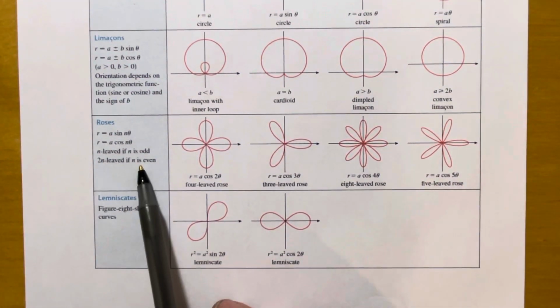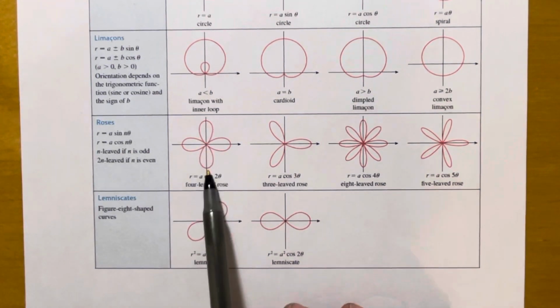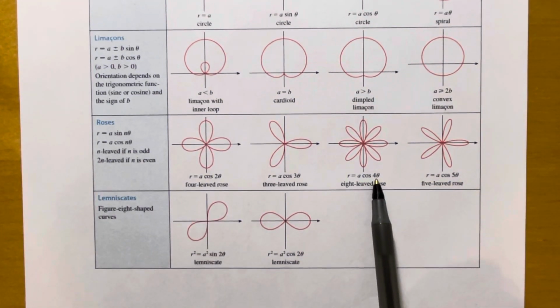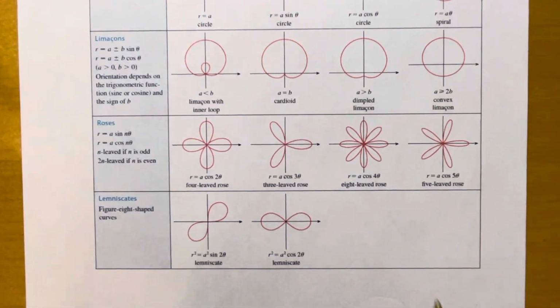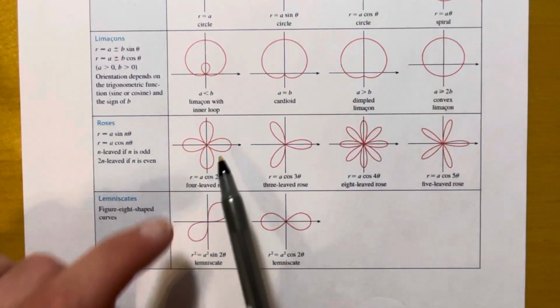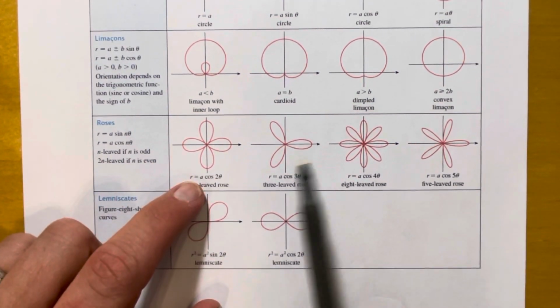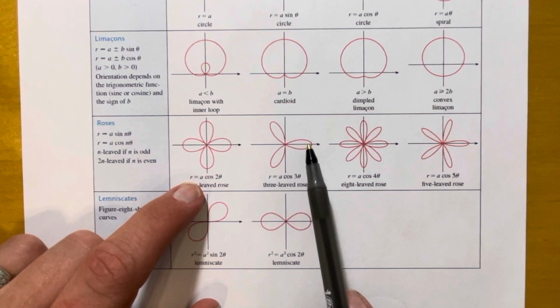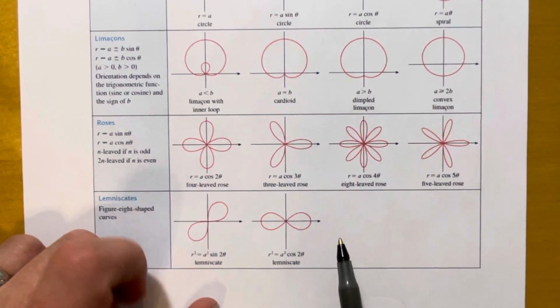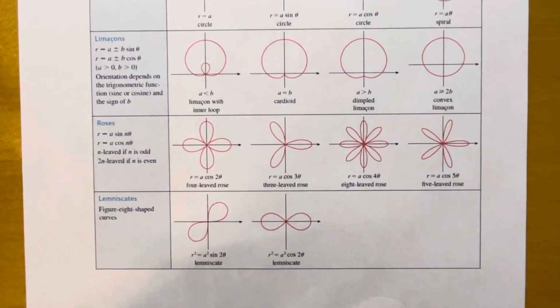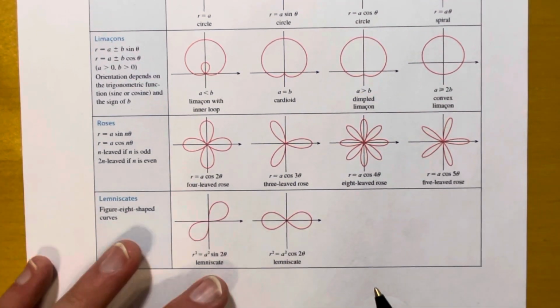If n is an even number, we get double that number of leaves. So for a cosine of 4 theta, it's 8 leaves, not 4. Okay? And then you'll notice where some of the symmetry occurs. Like this 4-leaved rose here had all 3 types of symmetry, but this guy does not. This guy has symmetry about the polar axis, but it does not have the other 2 types of symmetry. So all of that stuff, you can kind of determine why it's working out, why it's not working out the way you expect it to using those symmetry tests.